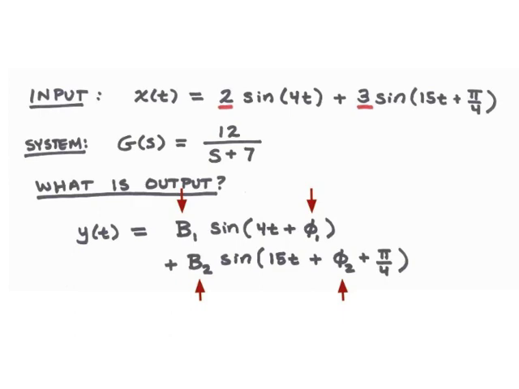The component of the input at 15 radians per second had a phase of pi over 4, so the output at 15 radians per second will have a phase of Phi2 plus pi over 4.